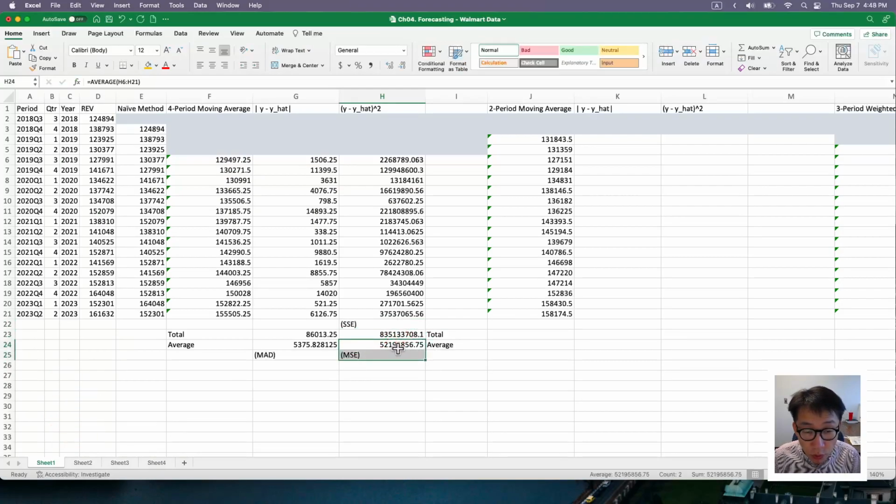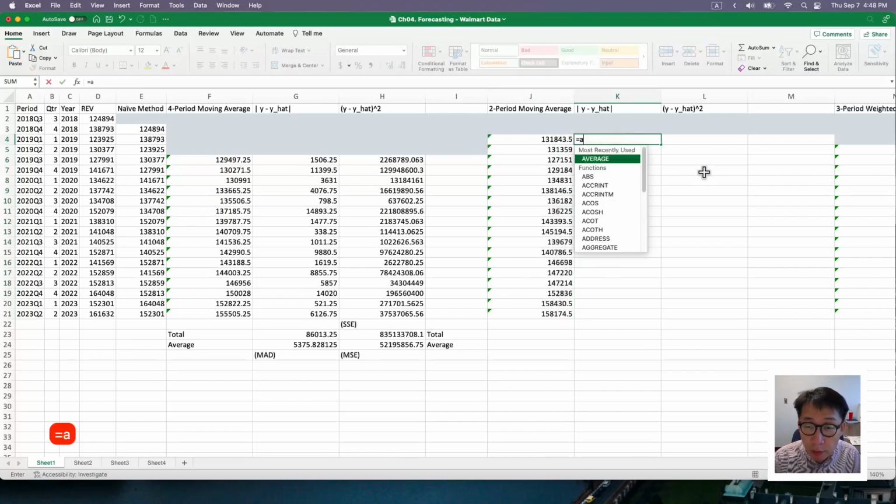Average is more useful because in some cases you will be comparing different numbers of observations. As you can see here, the 2-period moving average has 2 more observations. Therefore, the sum of squared error may be bigger than for the 4-period, just because there are more numbers here, not because it's delivering poor forecasting performance.